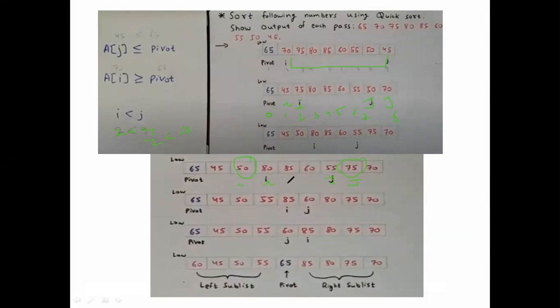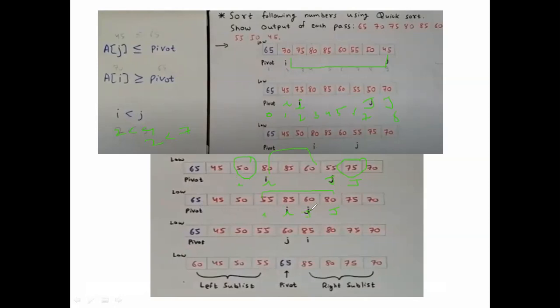So compare i and j, so just swap these two, so 85 comes here and 80 comes here. So now the i value is here and the j value is here. The i value is less than the pivot, then increment i by 1, so the i value is 75, 85 here. Then the j value is greater than 65, decrement j by 1.